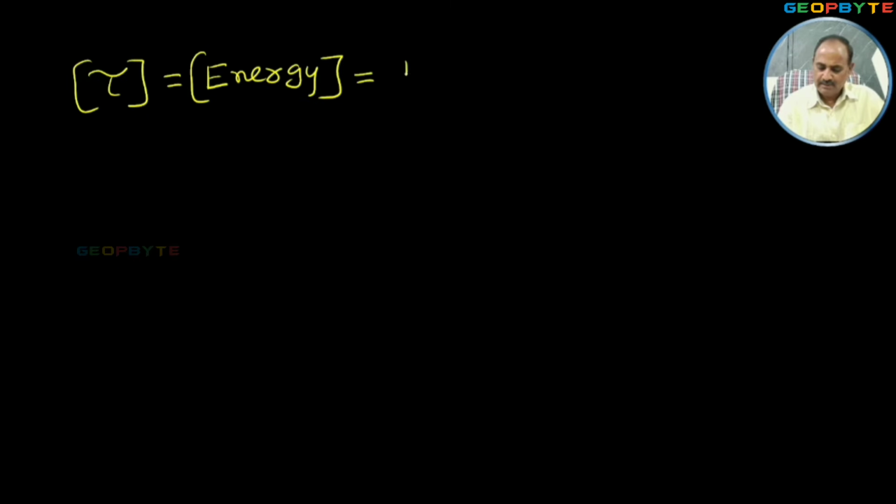The torque dimensional formula is equal to the energy dimensional formula because the torque unit is joule. Energy dimensional formula is M L square T power minus 2. So that is the dimensional formula for torque.